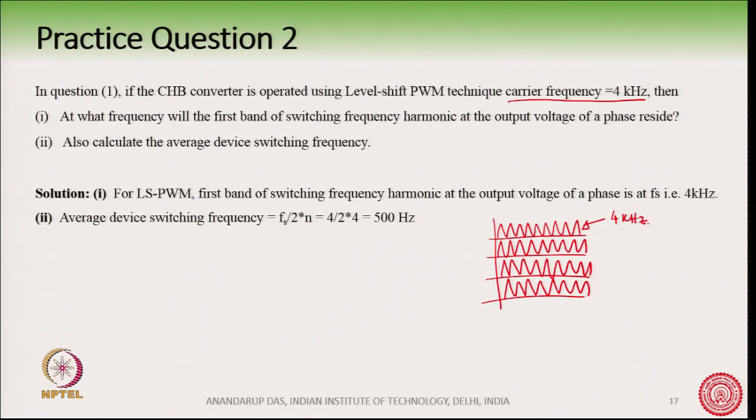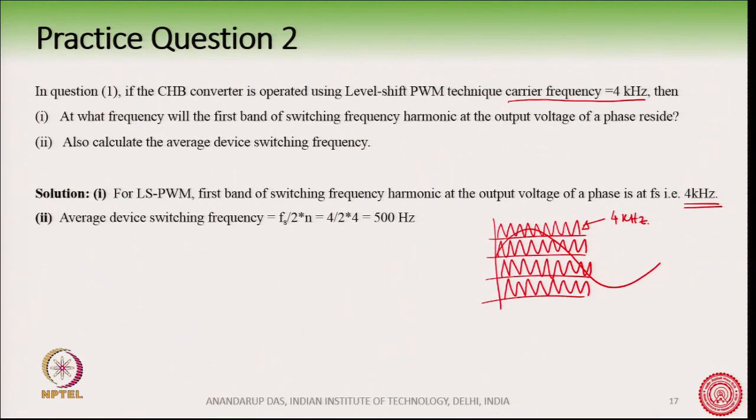The sine wave is somewhere here. Then at what frequency will the first band of switching frequency harmonics reside in the output pole voltage? The first band of switching frequency harmonics at the output voltage will be at 4 kilohertz. Your carrier is 4 kilohertz and the first band of switching frequency harmonics at the output voltage will also be at 4 kilohertz.